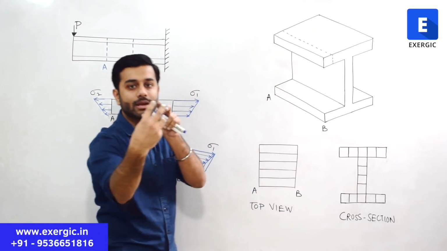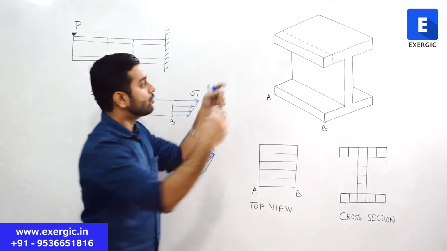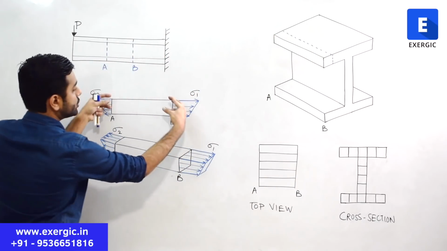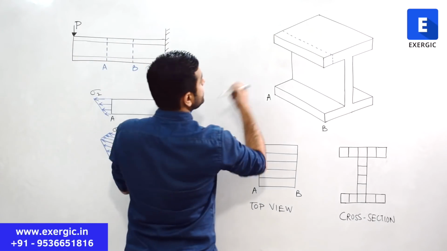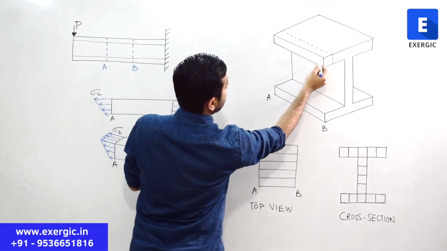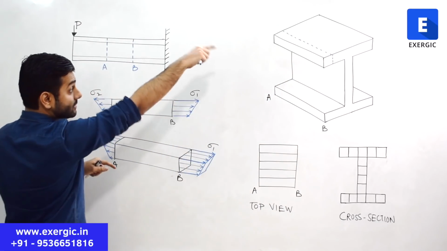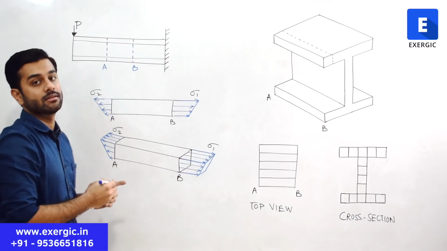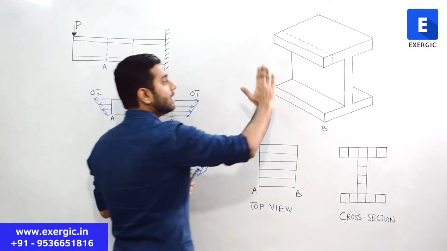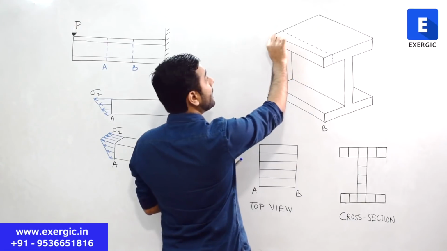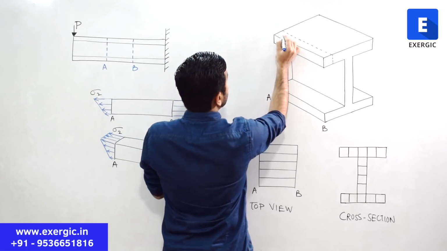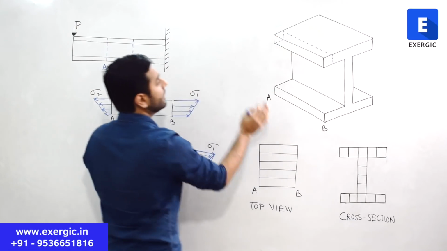It's going to be a cuboidal section. So only that section I have picked and shown here, and that same thing is shown here in 3 dimensions. Please note that it is still a part of B section, and the back part, this one, is going to be the part of A section.